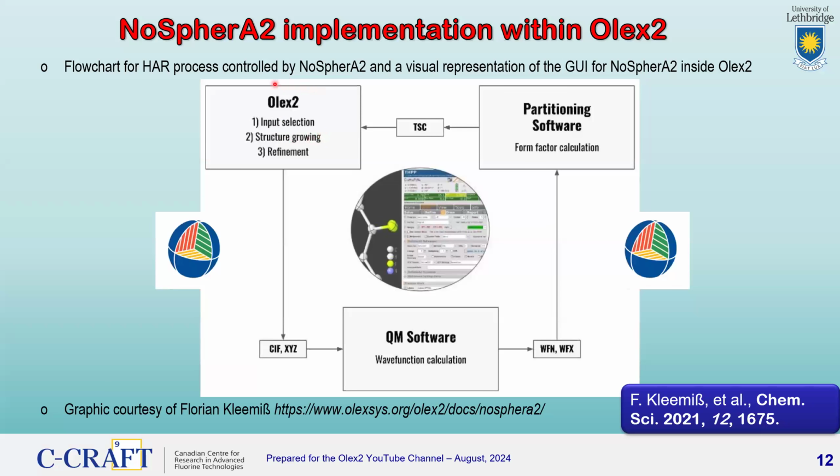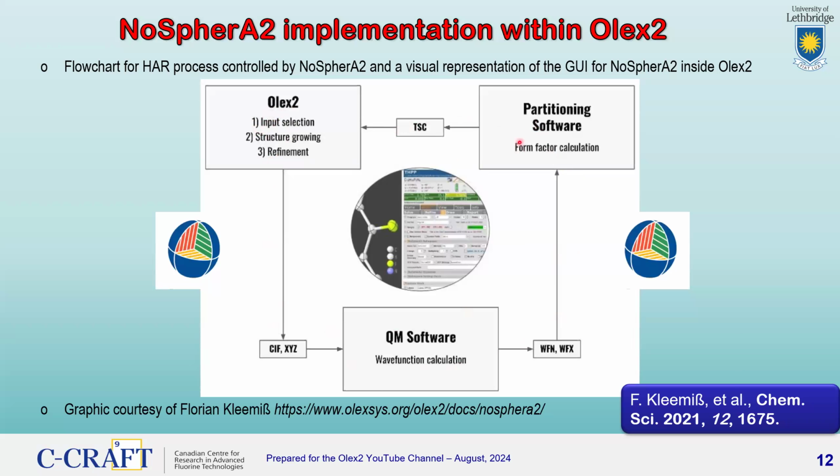Now, when that procedure has completed and you now have the next best possible structure, you've optimized the refinement based upon these customized aspherical form factors, then the process can be repeated in a cyclical fashion, so that at each calculation of the new form factors, we then re-optimize the structure, improve it again, improve it again.